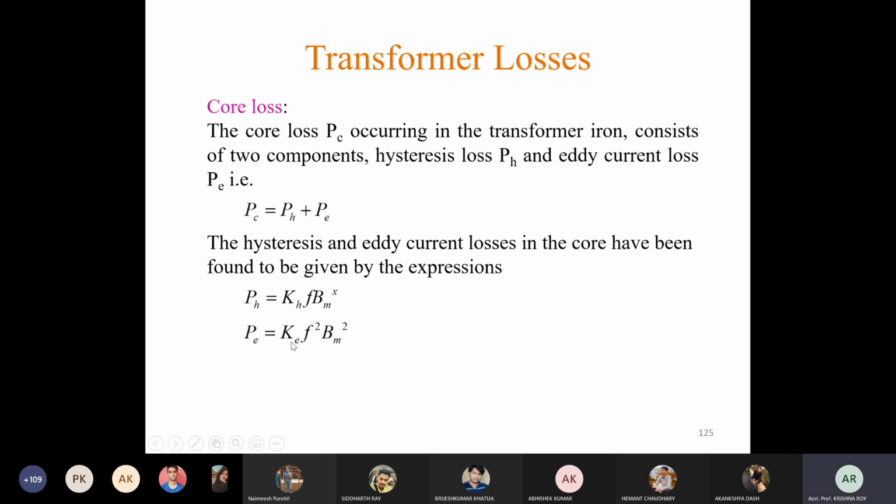Eddy current loss is given by the expression Ke f square Bm square. Ke is another constant of proportionality, f is frequency of reversal, and Bm is maximum flux density. So therefore the total core loss can be expressed using this equation.